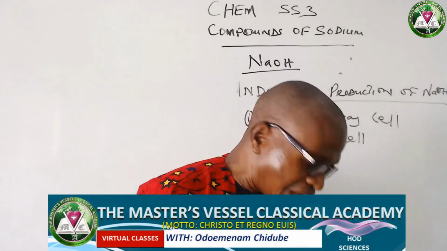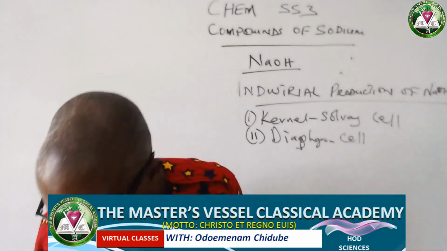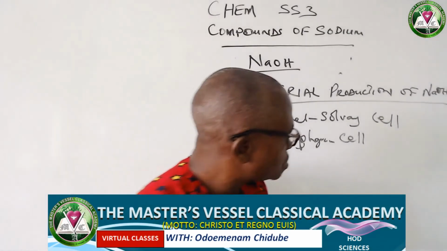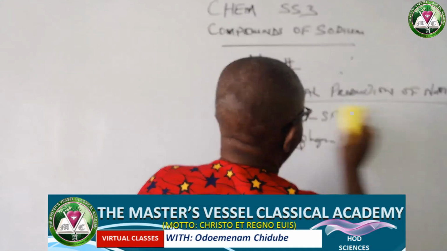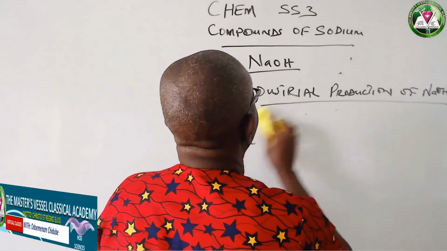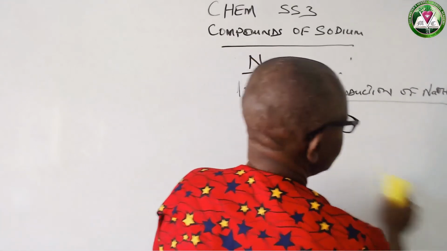But let's look at how you can equally produce sodium hydroxide even in the lab without using these two cells.